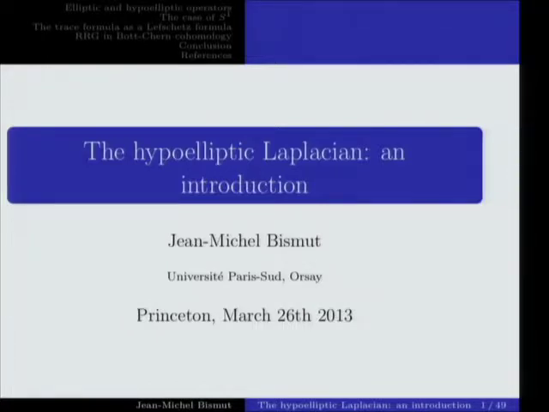The idea is that I will describe an interpolation between two natural gadgets which live in different categories. The first object is a Laplacian, whatever Laplacian you know, whether the Hodge Laplacian, the Laplace-Beltrami Laplacian, or the Laplacian in Dolbeault's theory.